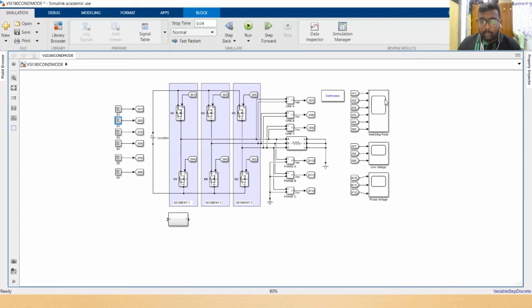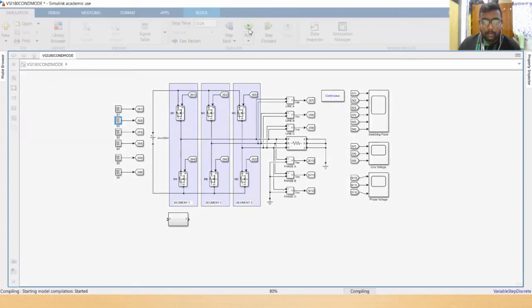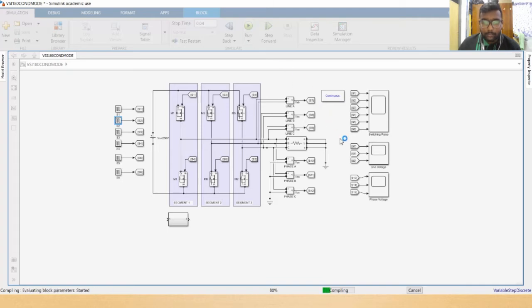Let's look into the graphs. The first graph we are looking at is the switching pulse graph. Let's run the simulation first.